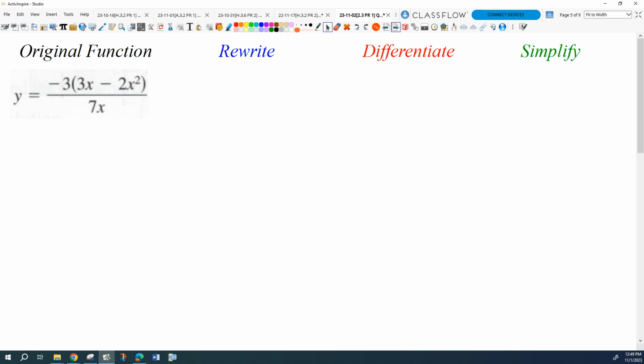Okay, what about this one? That looks like quotient rule for sure. Can we avoid it? I bet you can. How could we rewrite this in a way that would be really convenient?